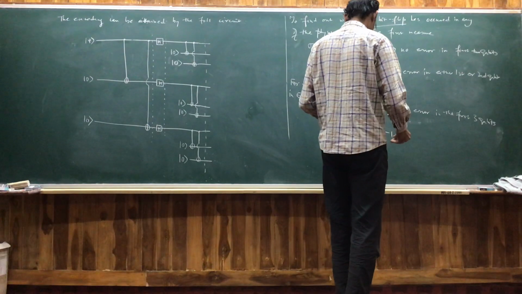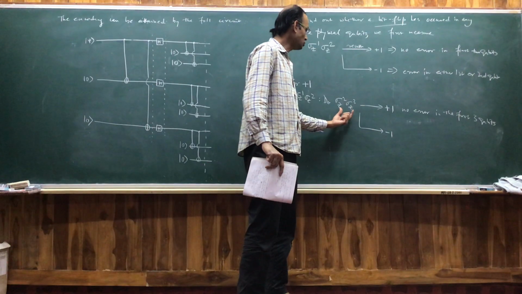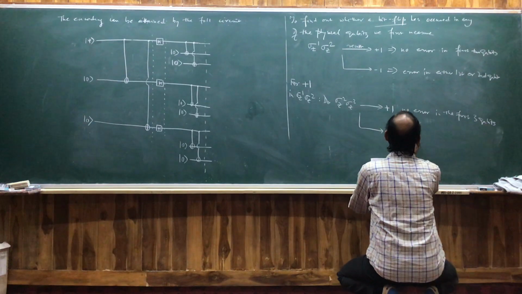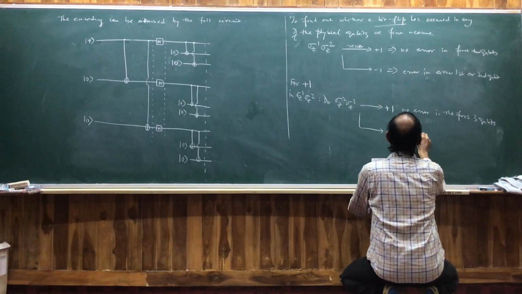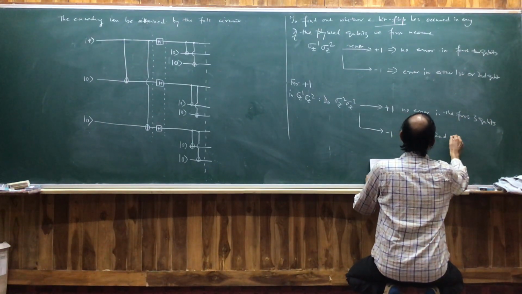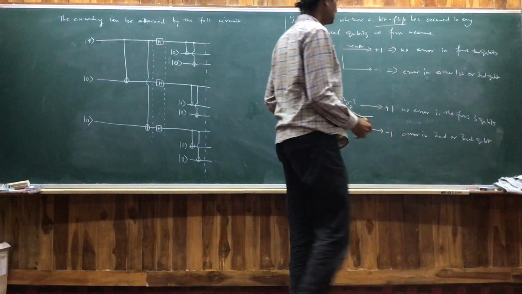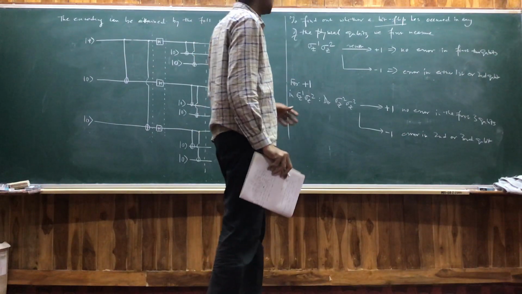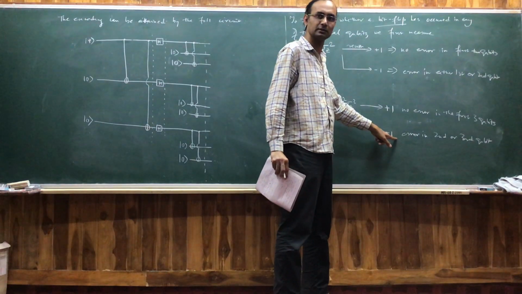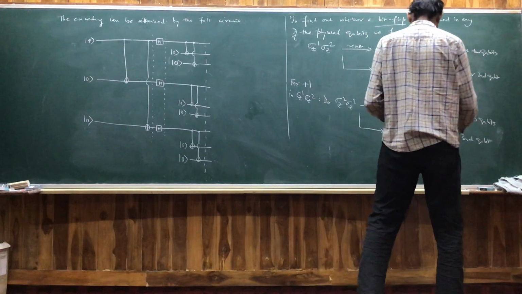If it is -1, then there is error either in 2-3 or in 3-2. But if you want to satisfy this as well as this, it can only be in the second.